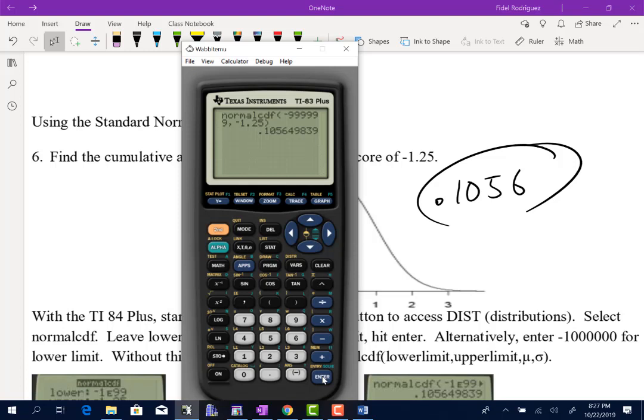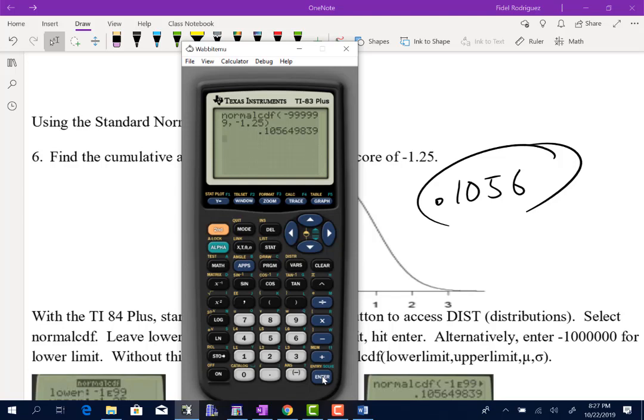Let's take a look at the other calculator. I think this one will do it the same way. Let me double check. Turn it on. Vars, normal CDF. Okay.